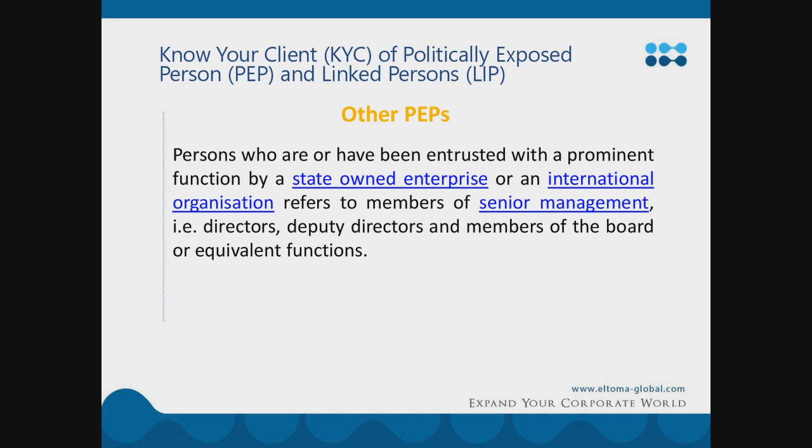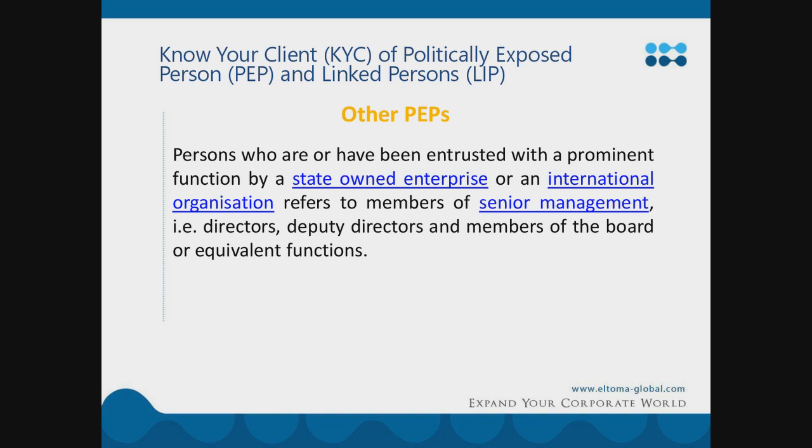Also, his assistants will be PEPs. Members who represent their countries in the European Union, like the head of country member from the Czech Republic, from Ukraine, from Italy, and so on. All these people will also be PEPs.